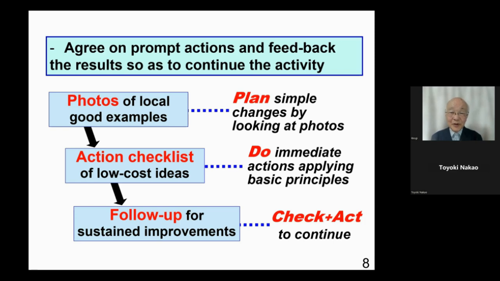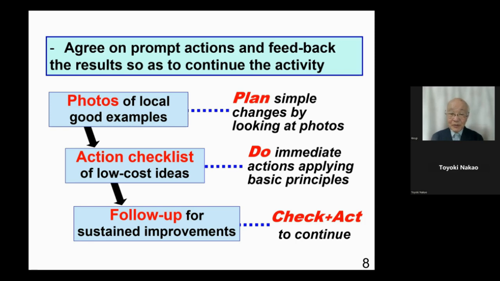And as you note from this slide, this process can be represented by the PDCA cycle, known for participatory action. Planning simple changes by looking at photos can lead to proposals for doing immediate actions, applying basic principles of ergonomics and occupational safety and health.